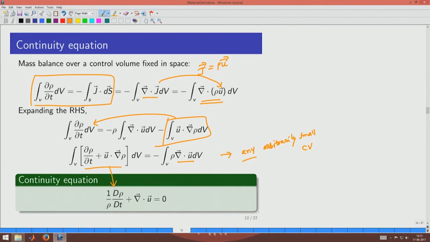What is on the right hand side is nothing but del dot u, the divergence of velocity. So, the equation we get says that 1 by rho times the material derivative of density plus the divergence of velocity is equal to 0. This is nothing but the statement of continuity. The continuity equation is nothing but what we have written here, and it is a statement of mass balance. There is nothing more to that.